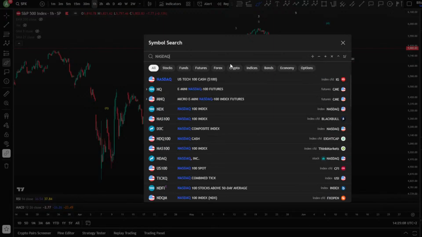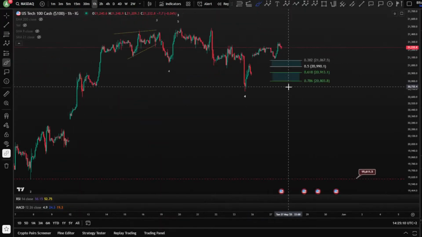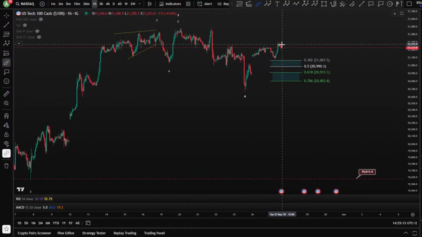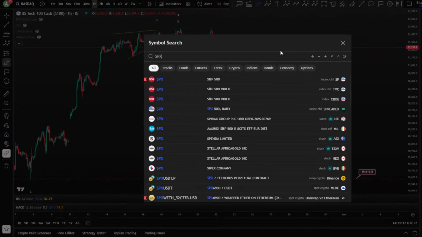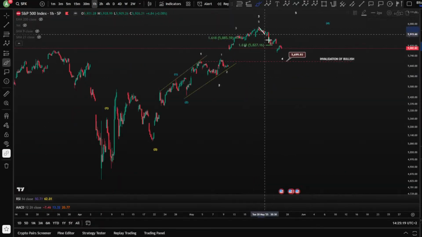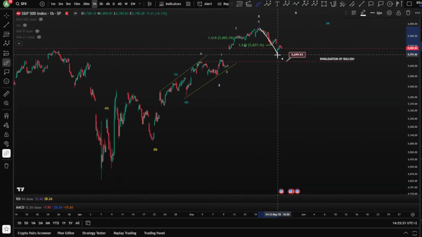I mean, I don't know what's going on with SPX, but NASDAQ is very bullish the last hours, right, from here, while the SPX was very bearish, right? They are conflicting. But I believe that SPX always lags and can follow, of course, NASDAQ.